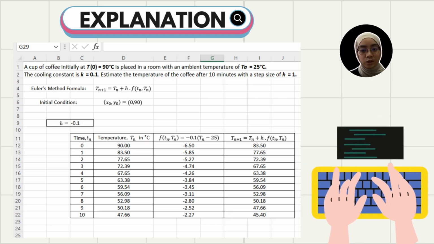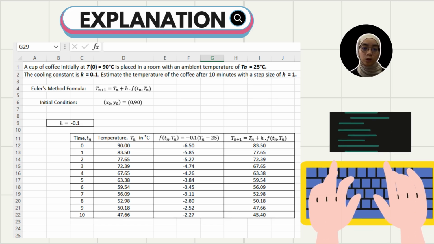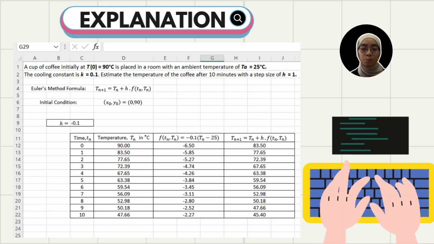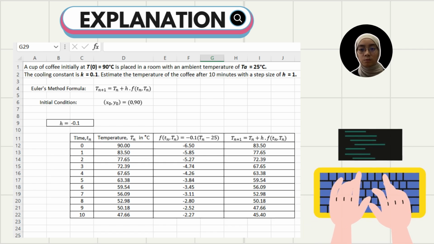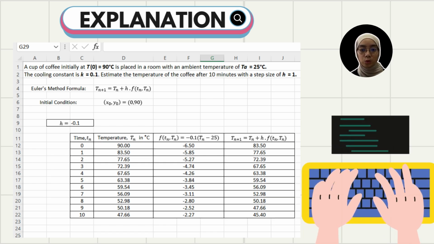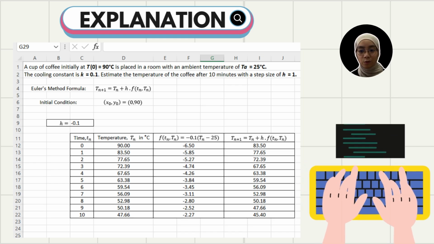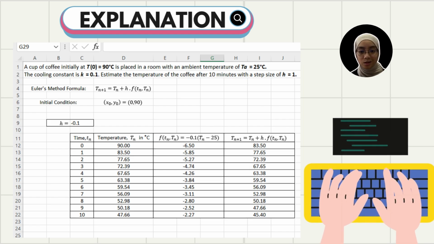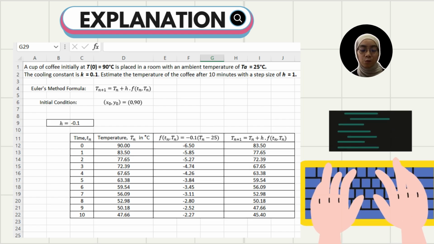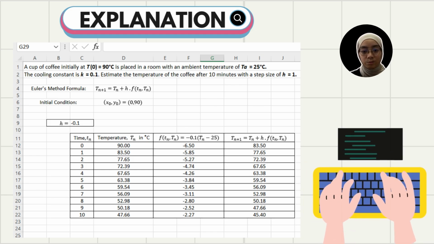The next temperature T1 is calculated as T1 equal to T initial plus h times the rate of cooling, equal to 90 plus 1 times negative 6.5, and we get T1 equal to 83.5 degrees Celsius. This process is repeated for each subsequent minute and the results are tabulated.